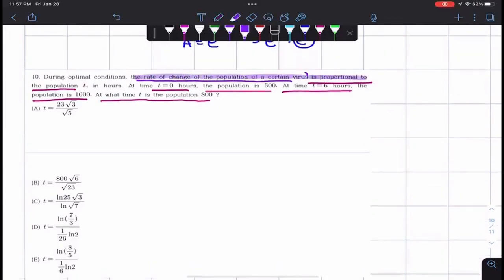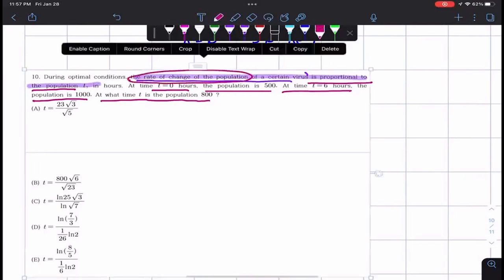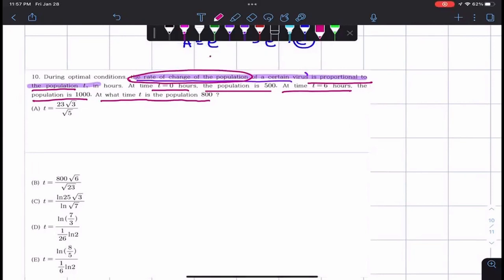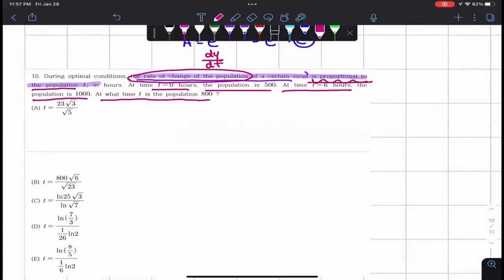This means that this is dy over dt, this is k, and this is y. So combining these words, I can write it like this: dy over dt equals k times y. It is exponential growth.